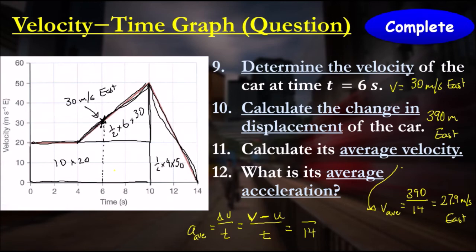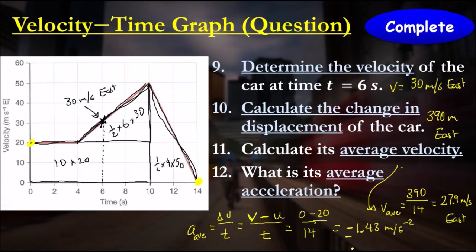The initial velocity we started off with is 20 meters per second east. At time 14, our final velocity was 0. So it's 0 minus 20. That gives us a negative value of negative 1.43 meters per second squared.